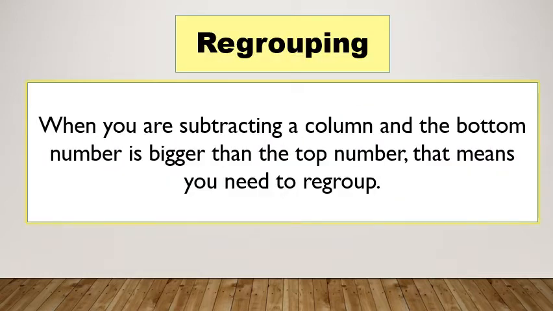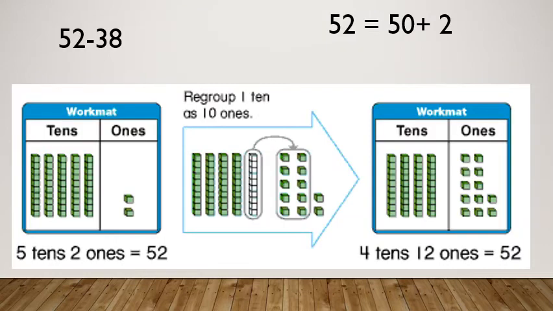We will do a special trick. Regrouping. When you are subtracting a column and the bottom number is bigger than the top number, that means you need to regroup. Subtraction by regrouping is also called borrowing. To subtract 38 from 52, we write 52 as 50 plus 2.